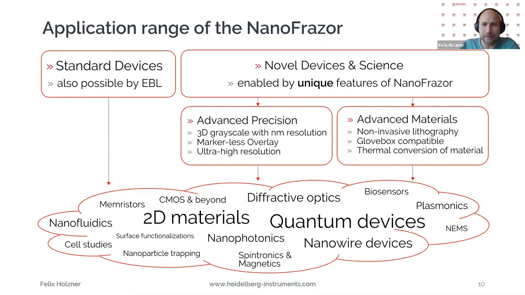And on the other side, a lot of our customers also work with new or sensitive materials, which might be damaged or not work at all if you try to fabricate or shape them using conventional nanolithography methods.